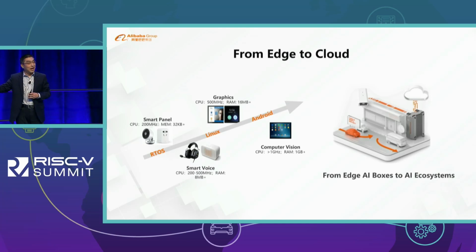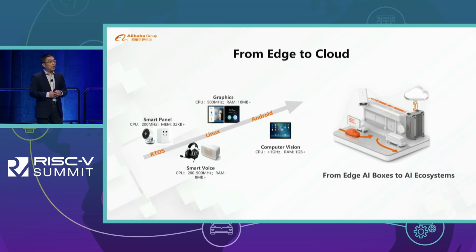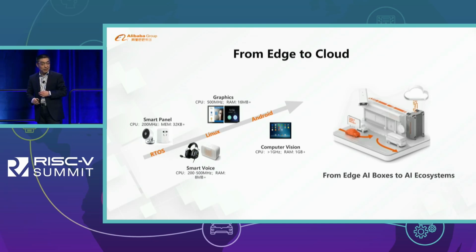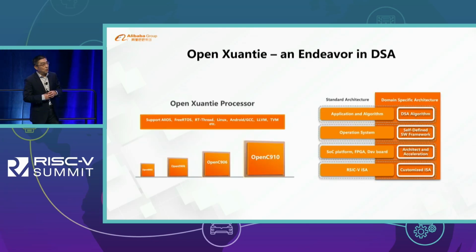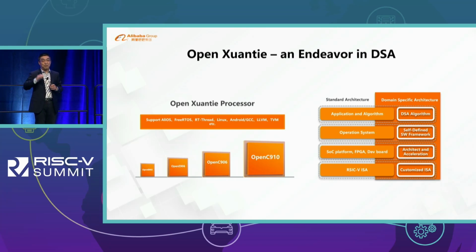On the right-hand side is the edge to the cloud. A couple of months ago, we announced Alibaba Cloud. The operating system for that cloud will work with multiple CPU architectures, especially including the RISC-V architecture. We were very excited and proud to announce Open Xuantie, which is a RISC-V family of processors, a couple of months ago.